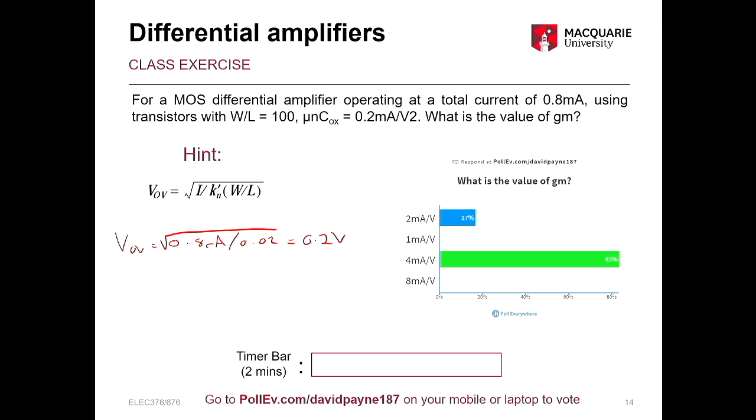Yep. Now the other equation you need, which hopefully you're familiar with, is GM equals 2ID over VOV. Yeah, it's not letting me write it. Something's up with the pen.